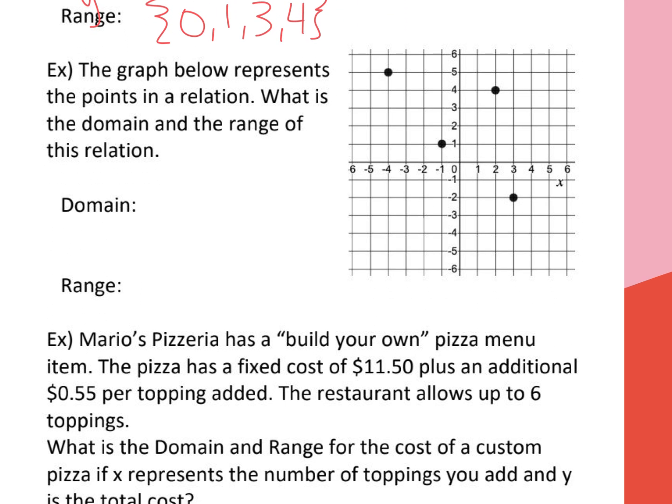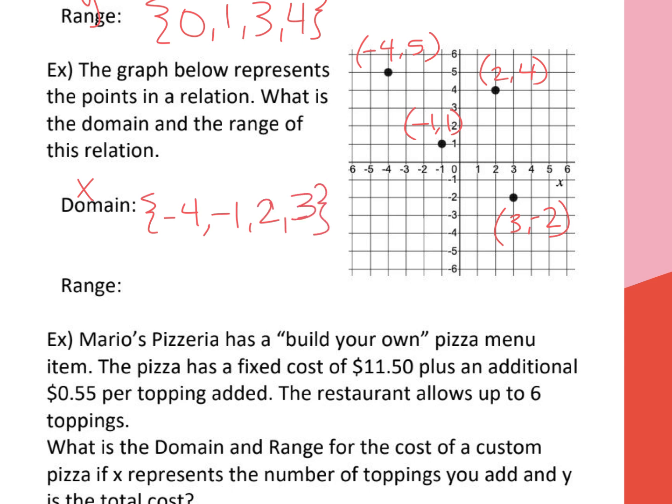Here we have a graph. If it helps you to write the coordinates for the graph, -4, +5, -1, +1, 2, 4, 3, -2, so you can see those x's and y's, you can definitely do that. So again, domain is our x's, -4, -1, +2, and positive 3.